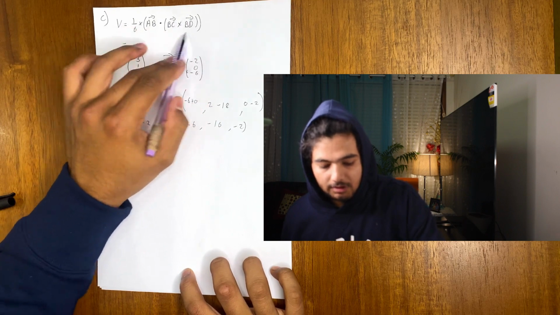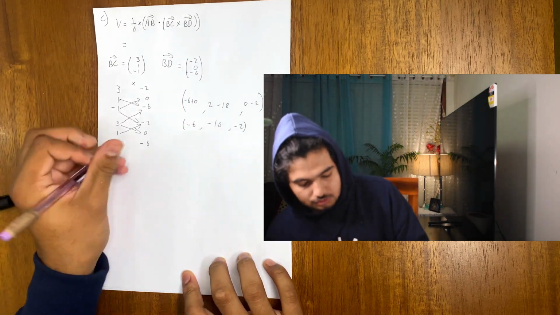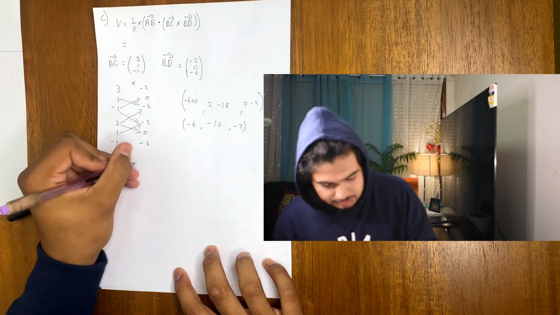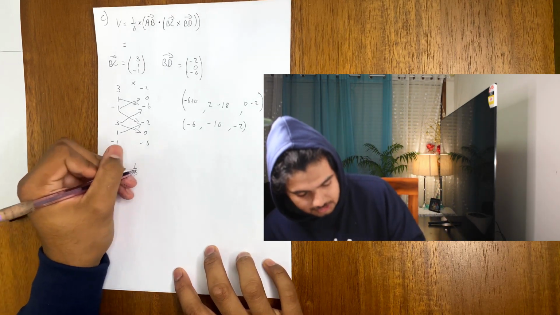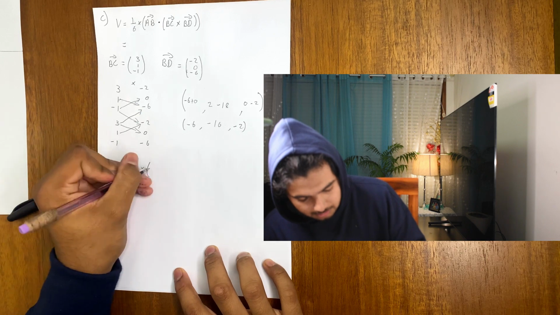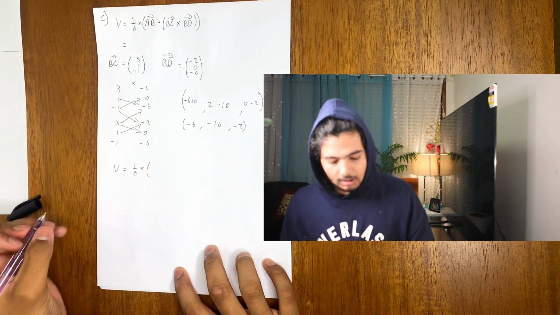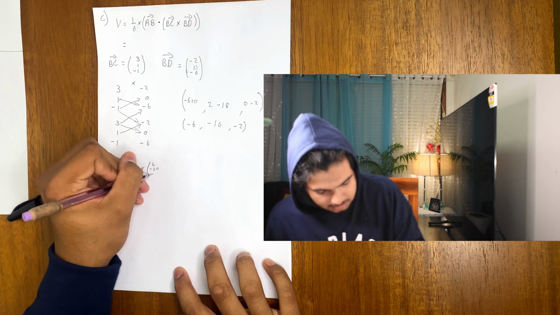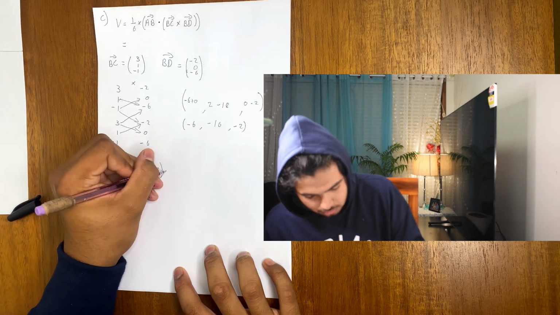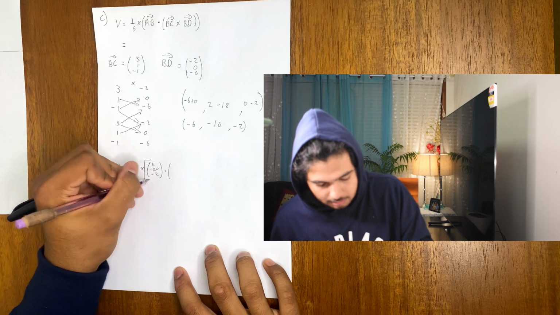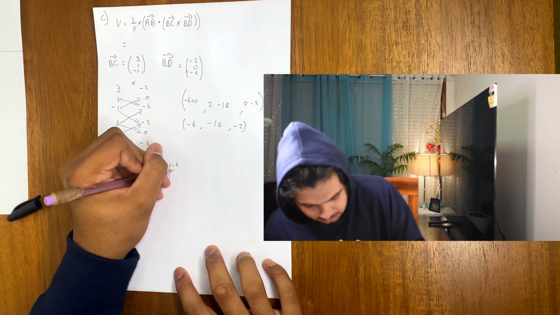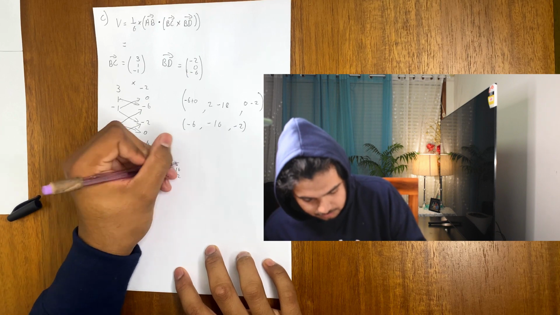We sub that in here. Now, volume equals 1 upon 6 multiplied by the dot product of AB, which we figured out was 6, negative 20, negative 2, dot negative 6, negative 16, negative 2.